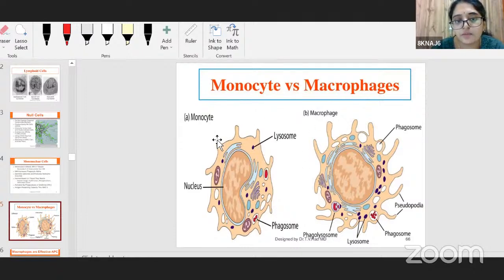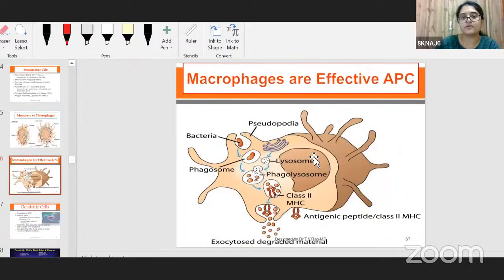You have a monocyte with a bean-shaped nucleus, the lysozyme and the phagosome. Over here the nucleus is round in shape, you have a phagosome, and you have amoeboid movement, because of which it has pseudopodia. This is a phagosome, lysosomes, phagolysosomes. So this is the basic difference between monocytes and macrophages.